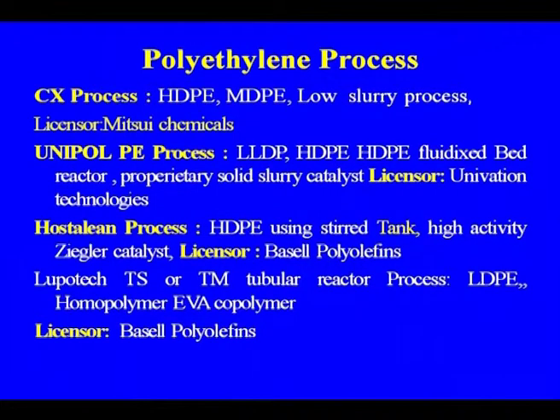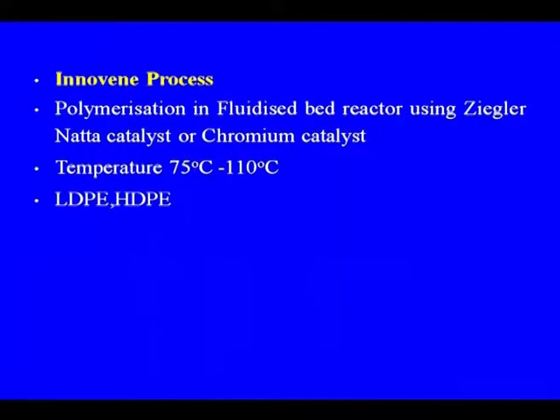Then the LLDPE, the modular reactor process. This is the LDPE homopolymer, EVA copolymer, licensor is your Basell Polyolefin. So these are some of the commercial processes available for making different grades of polyethylene. This is again polymerization in a fluidized reactor using Ziegler Natta. This is the temperature condition, and this is the product that we are getting.